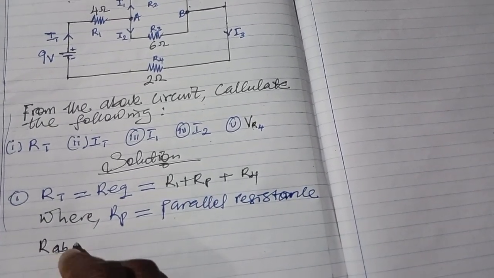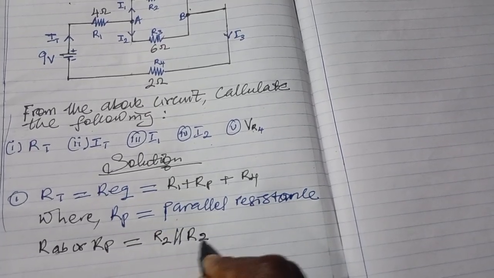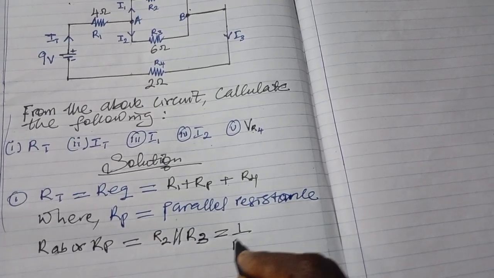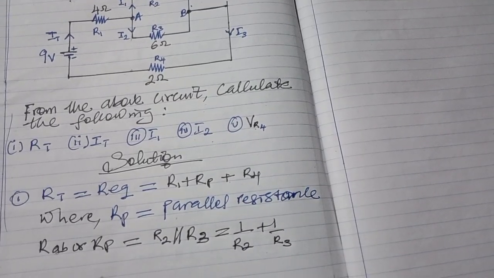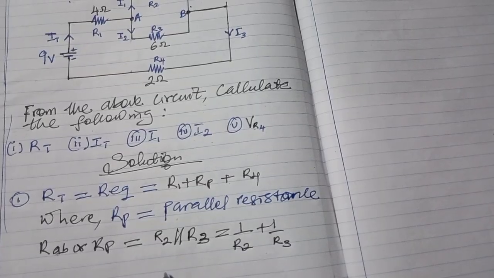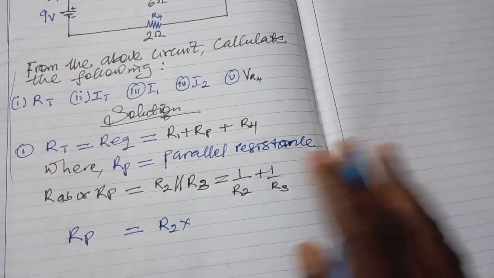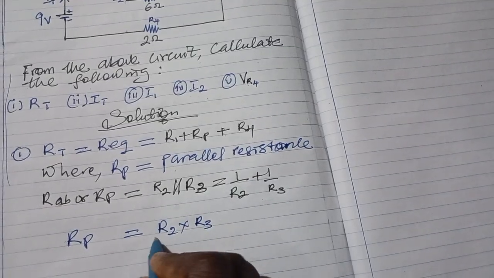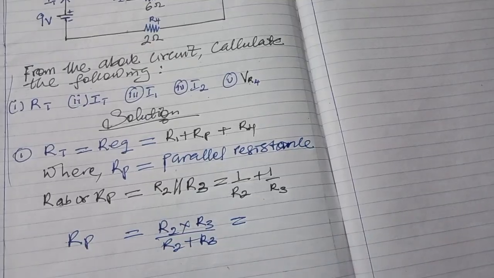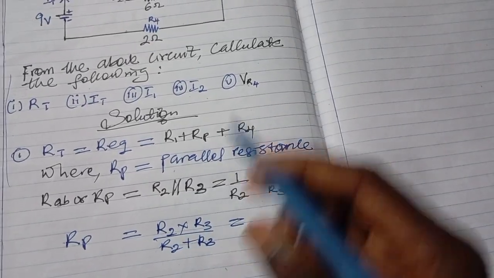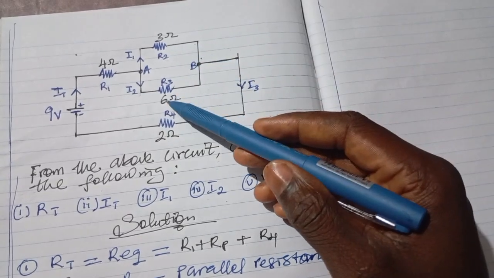RAB or RP is equal to the parallel, which is 1 over R2 plus 1 over R3. So we have RP equals R2 multiplied by R3 divided by R2 plus R3. From our circuit, R2 here is 3 ohms, then R3 is 6 ohms.